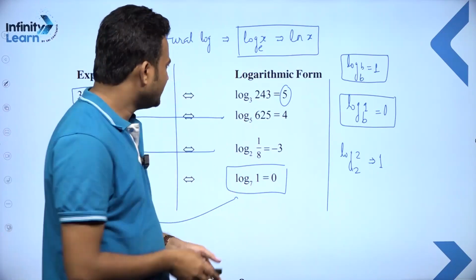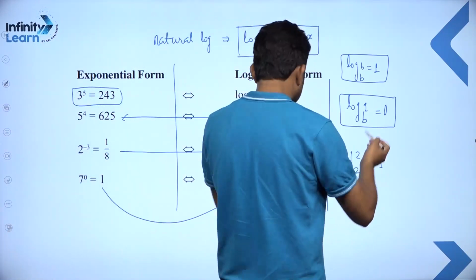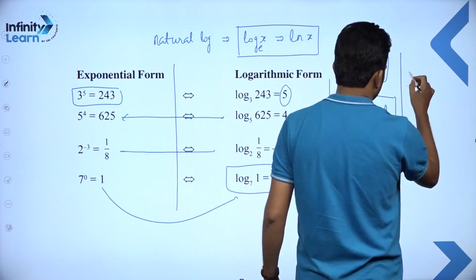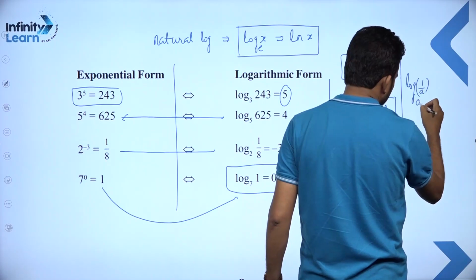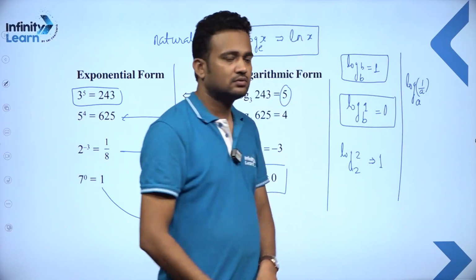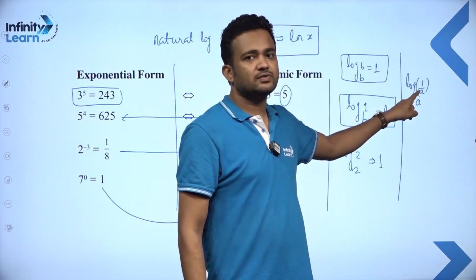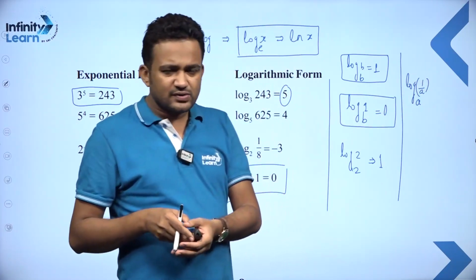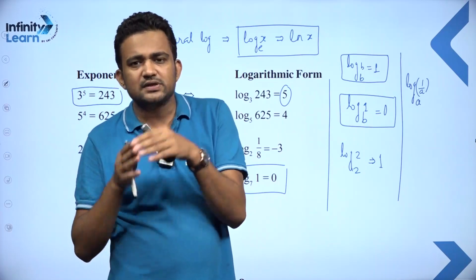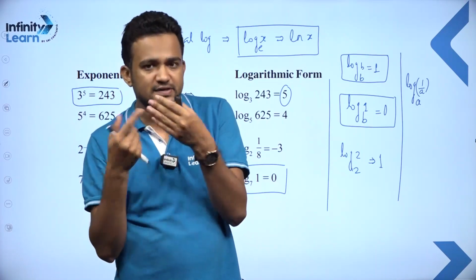One more thing guys, if I ask what is the value of log 1 by a base a, these two are reciprocals. Base is a and the argument is 1 by a, both are reciprocal of each other. What should be the power of a so that it becomes 1 by a? It means the power should be negative, that is the reciprocal.